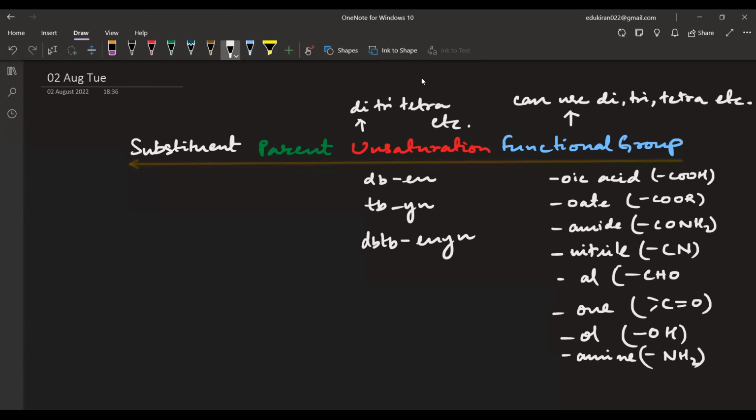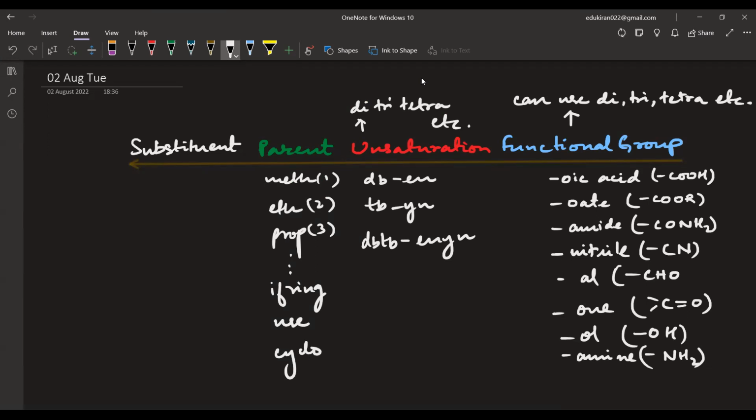Now in parent, you know that we are using meth, eth, prop, etc. And if ring, use cyclo. Now in substituent, what can we have?